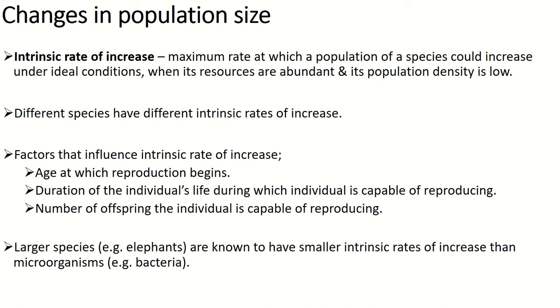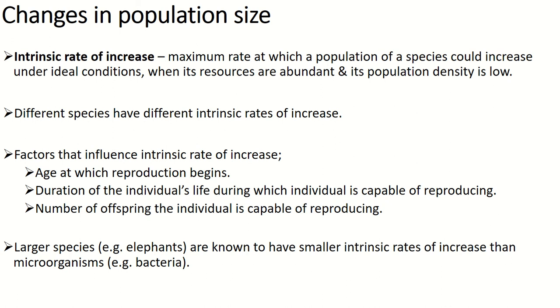Consider also the number of offspring that the individual is capable of producing. Insects and fish, for example, can have many, even in some cases tens of thousands of offspring. In terms of fish, you can have hundreds and hundreds of thousands of offspring from one individual. But for an elephant, for example, you only get one offspring, and the gestation period can be very long. The age of maturation can be very long as well.